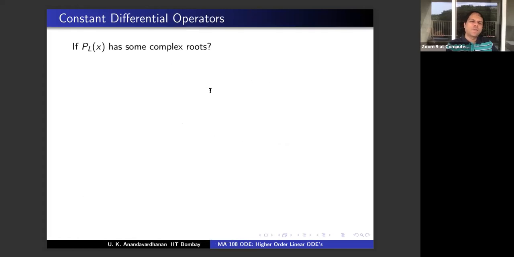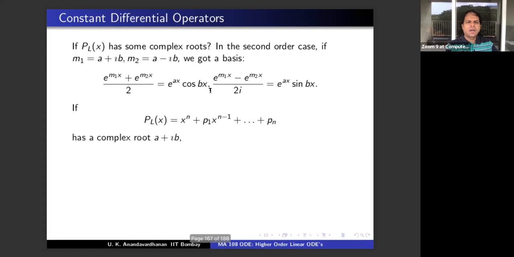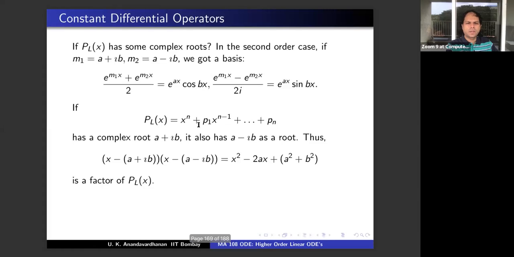So what if complex roots come? Same strategy. In the second order case, if you have roots a plus ib and a minus ib, then you get a basis e power ax cos bx and e power ax sin bx. If this has a complex root a plus ib, then of course it has a root a minus ib also, because they come in pairs.